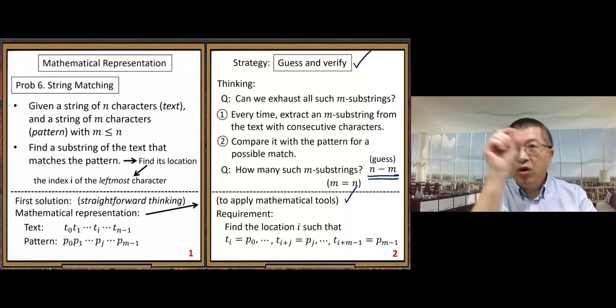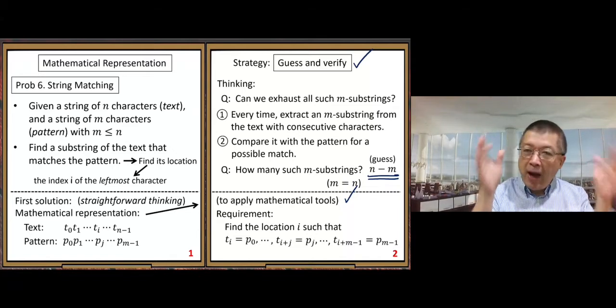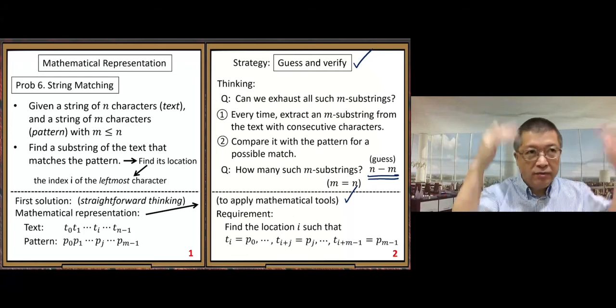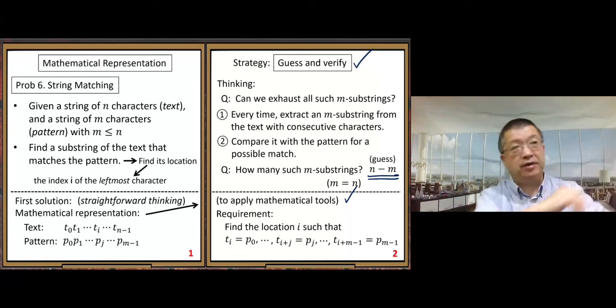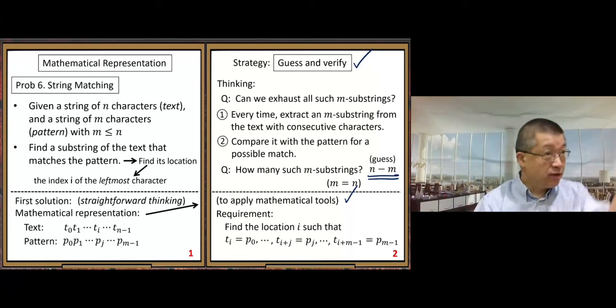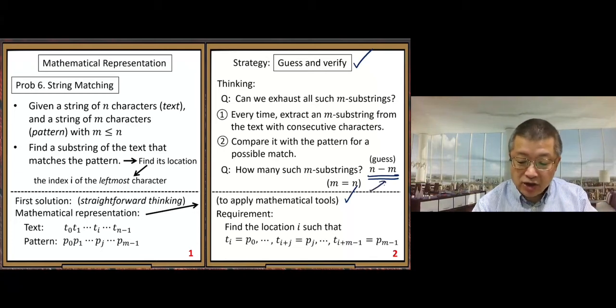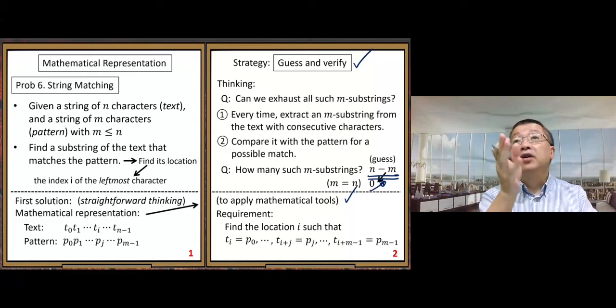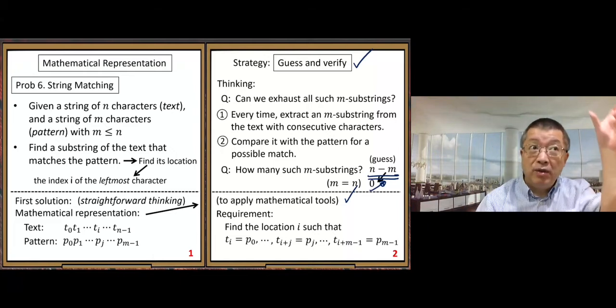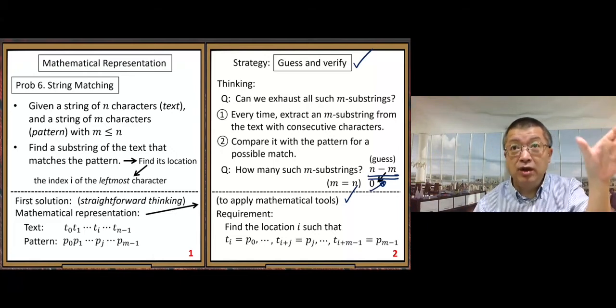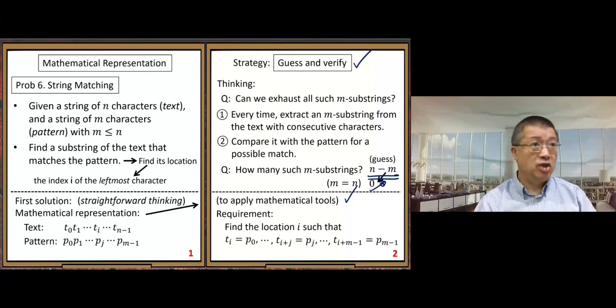When m equals n, the pattern and the text have the same number of characters. It is a special case. If you apply your guess formula, n minus m, you will get zero. But we can get the answer directly: there is one M substring in the given text, the same length, so you should have one.